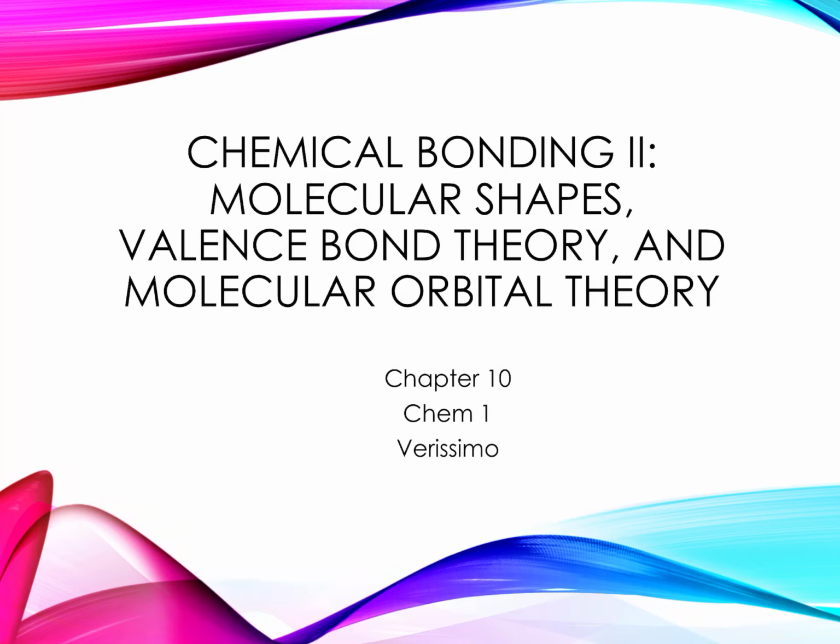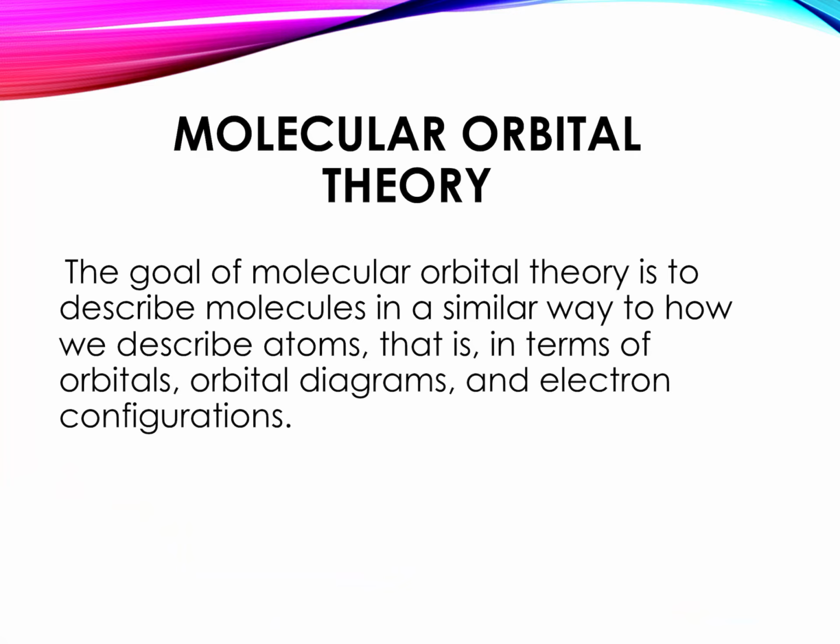And the goal of molecular orbital theory is to describe molecules in a similar way to how we described atoms. So that's in terms of orbitals, orbital diagrams, and electron configurations. So now we're going to take all of those topics that we used when we described atoms, and describe molecules in that same way.